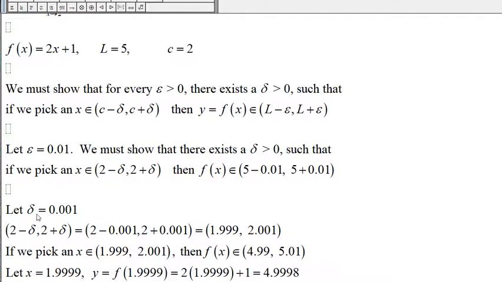And let's say that we picked a delta of 0.001. Then 2 minus delta and 2 plus delta will be 1.999 and 2.001.